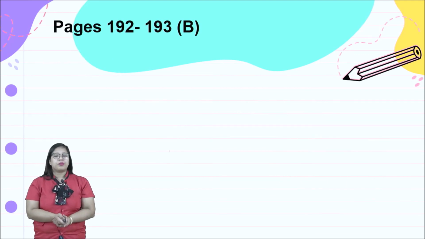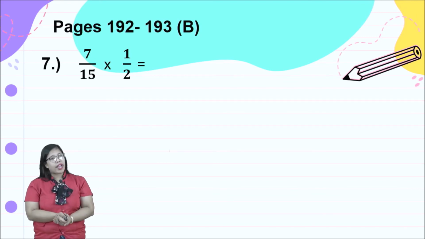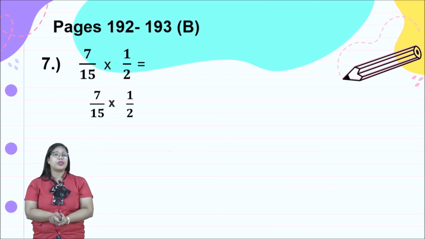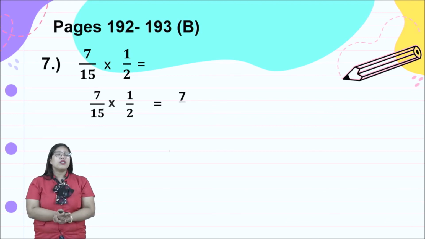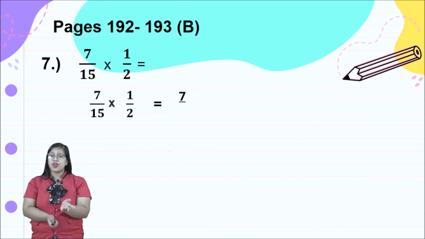Very good. Number 7, we have a given of 7 over 15 times 1 over 2. So again, we need to multiply their numerator. Their numerator is 7 and 1. 7 times 1 is 7. Very good. 15 multiplied by 2 is 30.